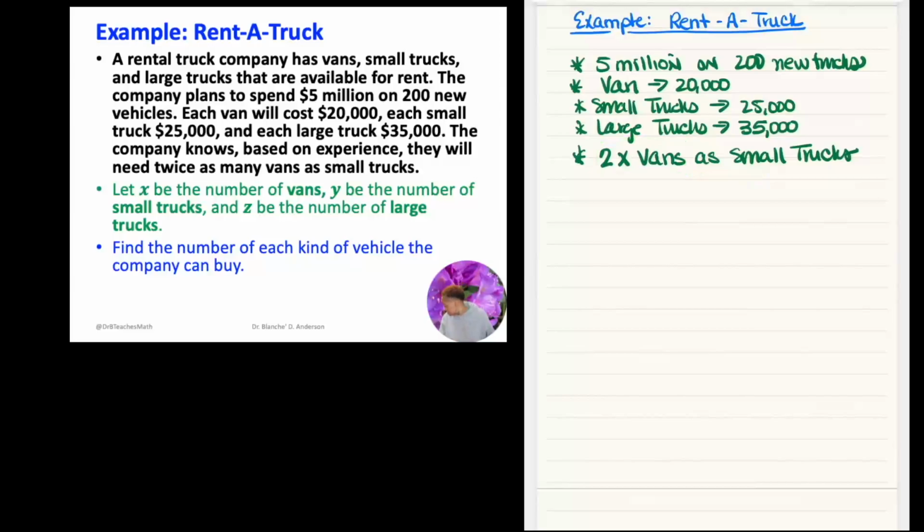And then let X be the number of vans. So X represents vans. Y, I'm just going to follow it, small trucks. And Z, large trucks.